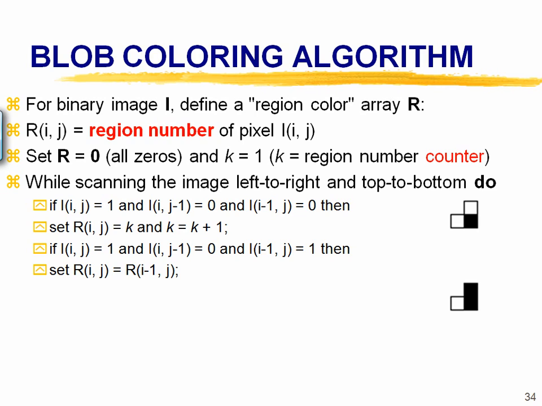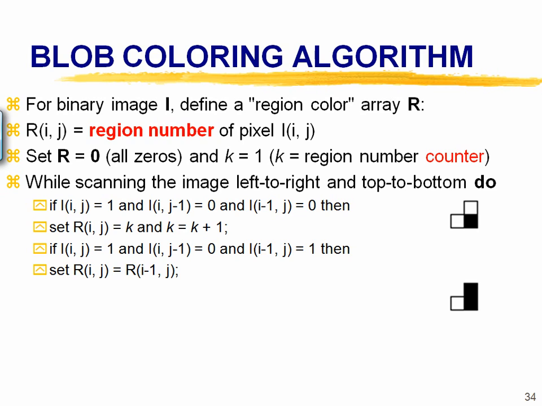If this condition is present, then we know that this is the beginning of a particular object region, and we assign it a region color, say k. At that point we increment the counter and set it to k plus 1. But you don't only check for this condition; you want to check multiple conditions. The other condition is this: if I come to this pixel, it's possible that it is a neighbor of a pixel for which I've already assigned a color.